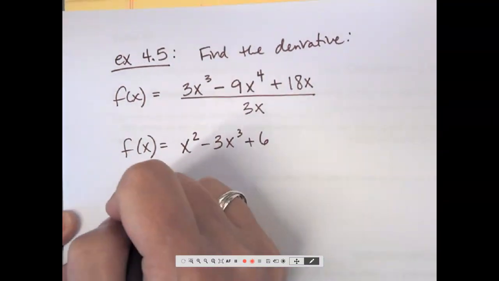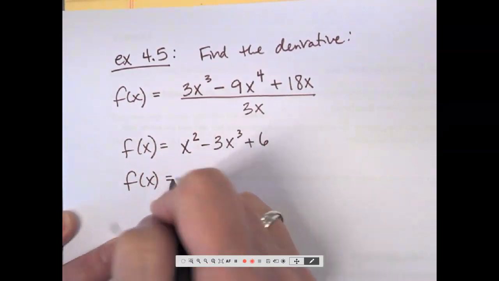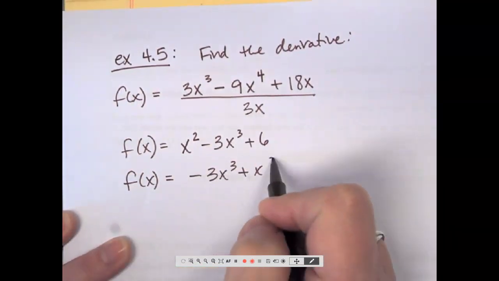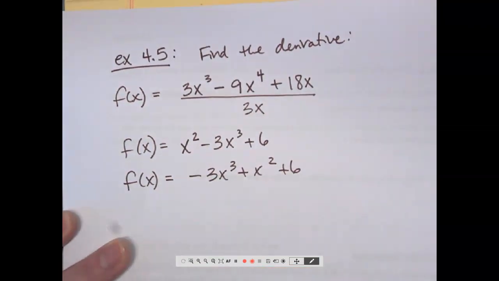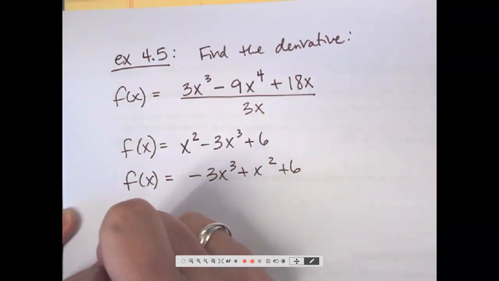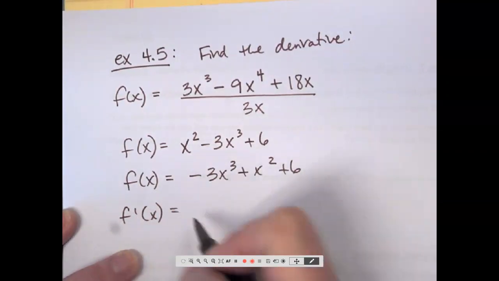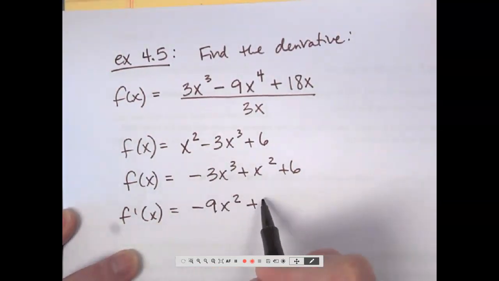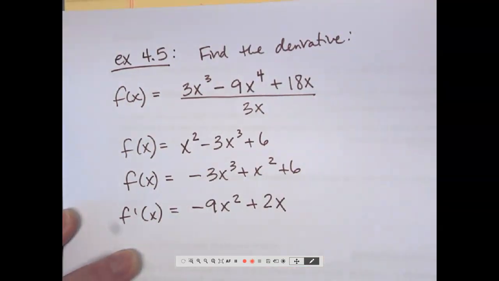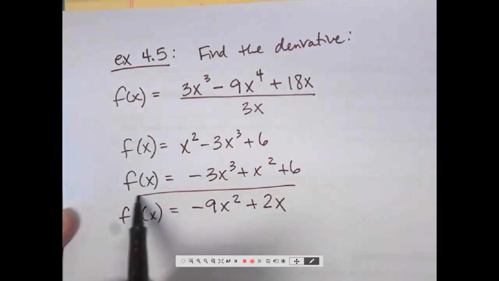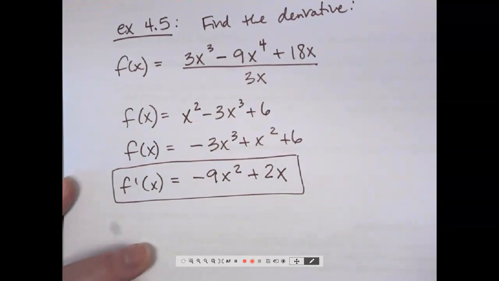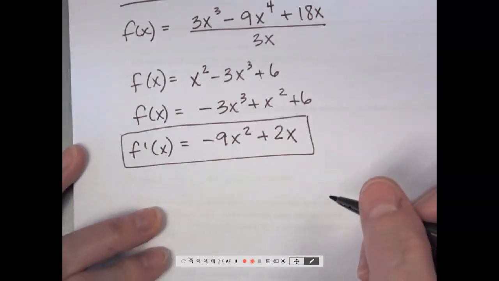All right, just for the fun of it, let's rearrange. Okay, now I'm going to take the derivative. Negative 9x squared plus 2x. Okay, so ta-da, we did it. Now I'm going to do the same thing using the quotient rule.